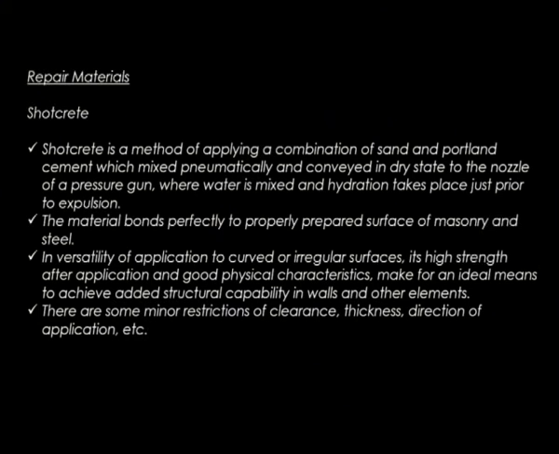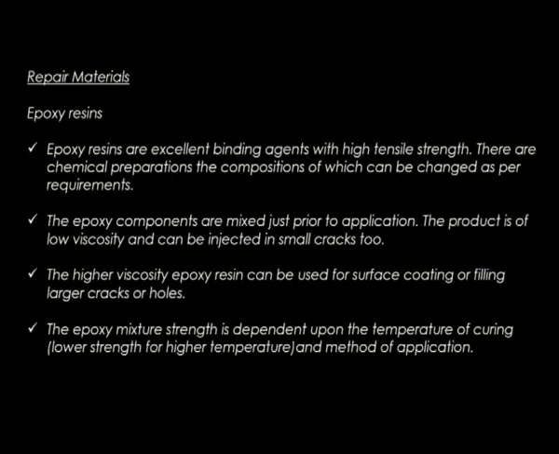The material bonds perfectly to properly prepared surfaces of masonry and steel. In versatility of application to curved or irregular surfaces, its strength after application and good physical characteristics make for an ideal means to achieve added structural capability in walls and other elements. There are some minor restrictions of clearance, thickness, direction of application, etc.